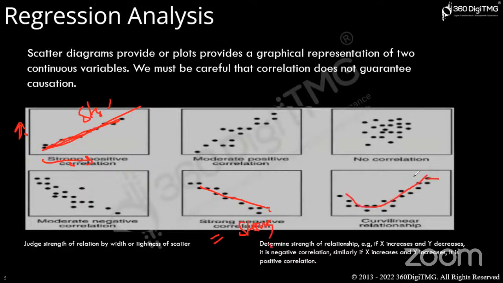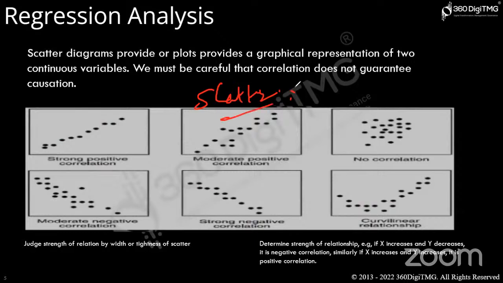And in this case, it is curvilinear. So by just looking at the scatter plot, or scatter diagram, we can tell whether it is a positive correlation or a negative correlation.